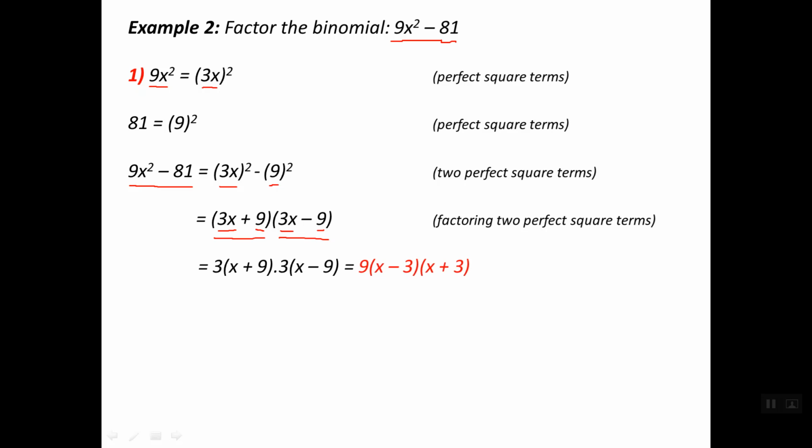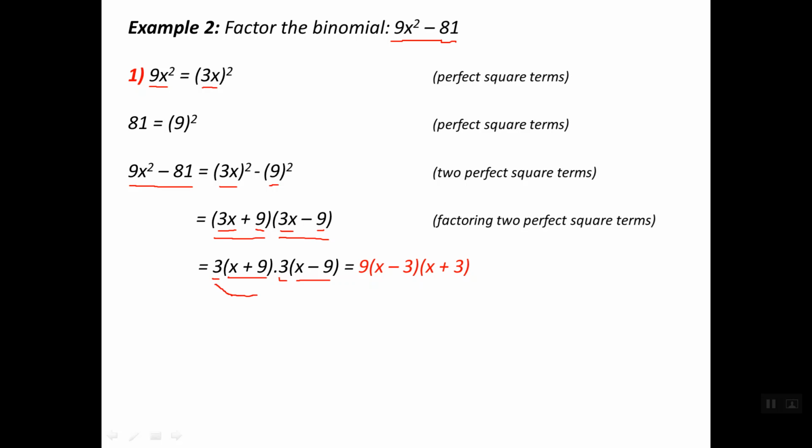So for the first factor, if we move the 3 outside, the remaining of the first factor is x plus 3. This is multiplied by, again, another common factor, which is 3, and the remaining for the second factor is x minus 3.